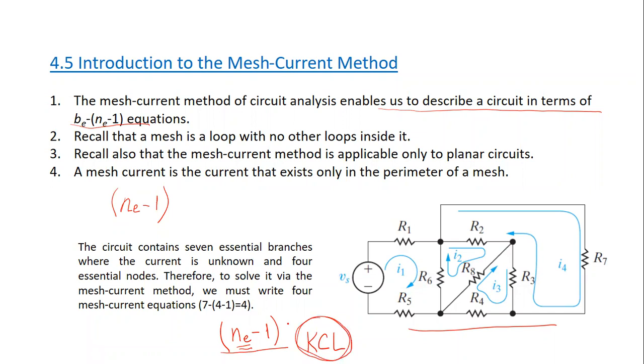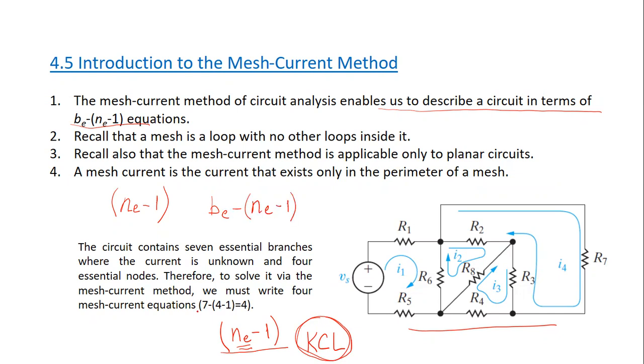So I can solve this circuit with 3 equations only, based on KCL or the nodal voltage technique. But if I want to check another method, for example, the mesh current method, the number of equations and unknowns will be the essential branches minus the essential nodes minus 1.